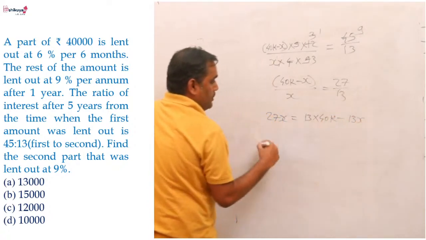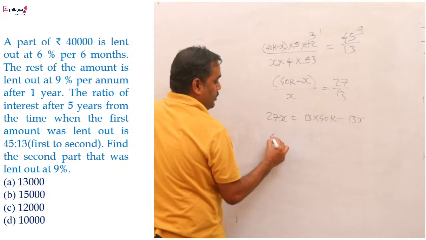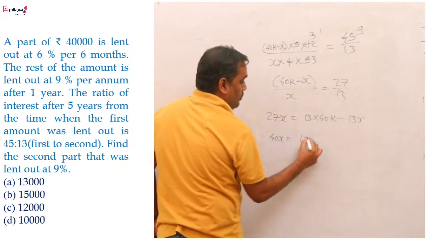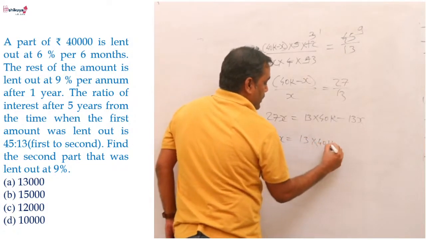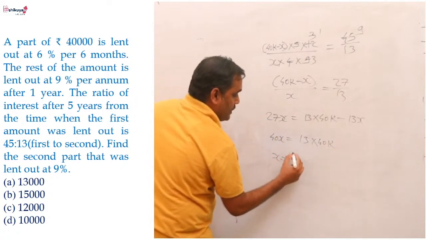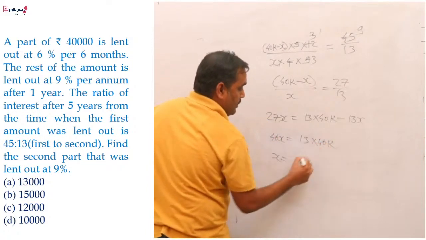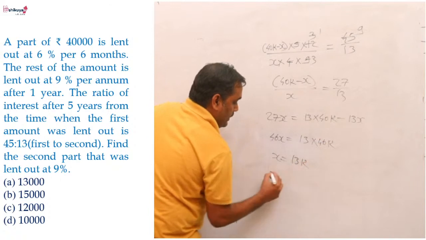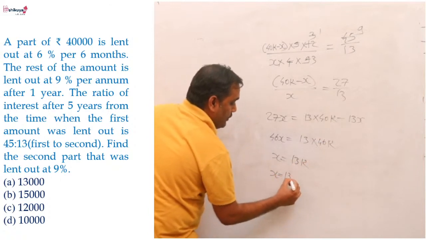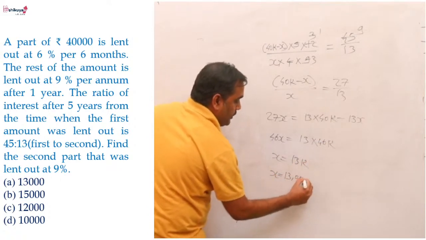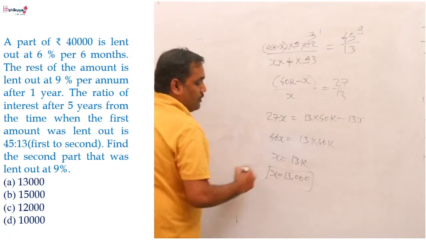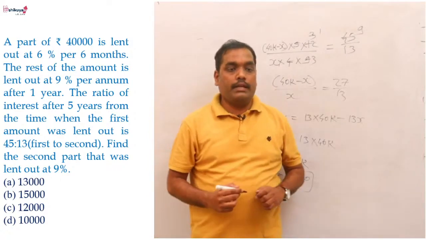Shifting the x part to one side, we get 40x is equal to 13 into 40k. Finally, 40 gets cancelled, so x is equal to 13k. That is the second amount lent out of that 40,000, which is 13,000. If you see the options now, option A is the correct one.